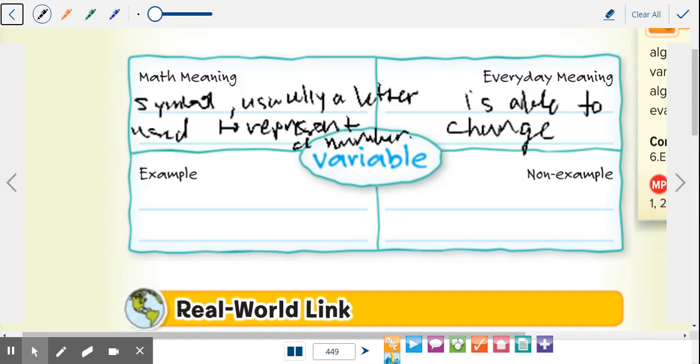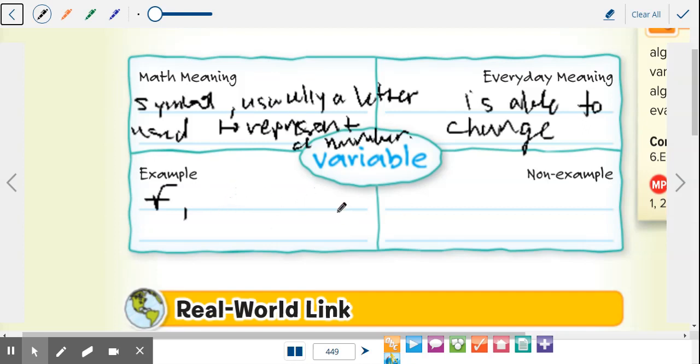You're on the right track. Layla, can you help her? You guys are adding too much. I just want an example of just a variable. F. Guys, just a letter. It's a symbol, usually a letter, used to represent a number. So you can have F. How many other options do you have? The whole alphabet. So 25 more options.